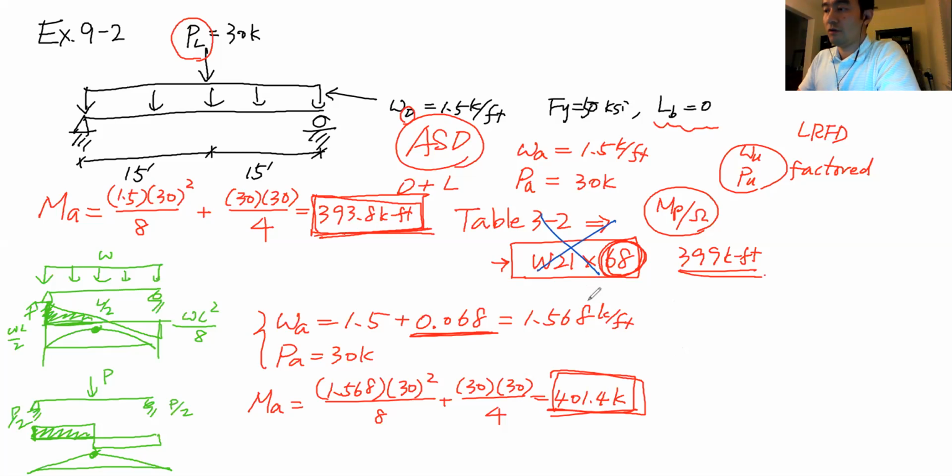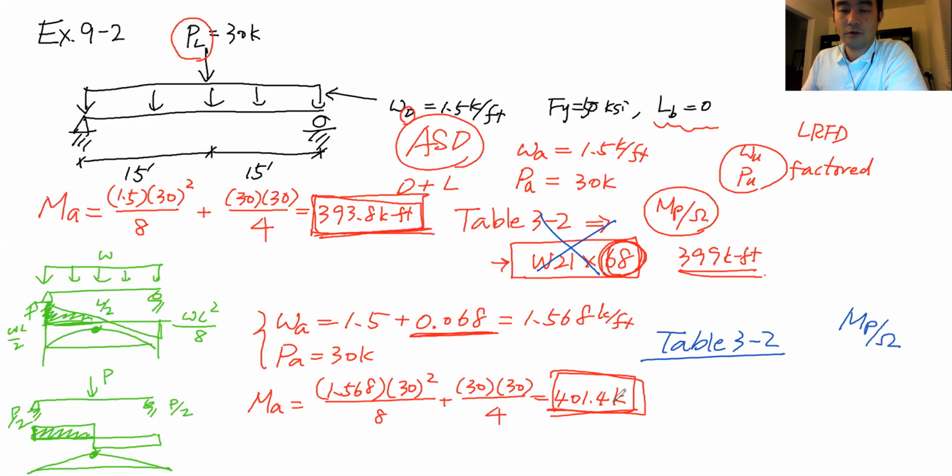So we have to go to the table again, Table 3-2, and look up the Mp over omega value to meet the criterion.